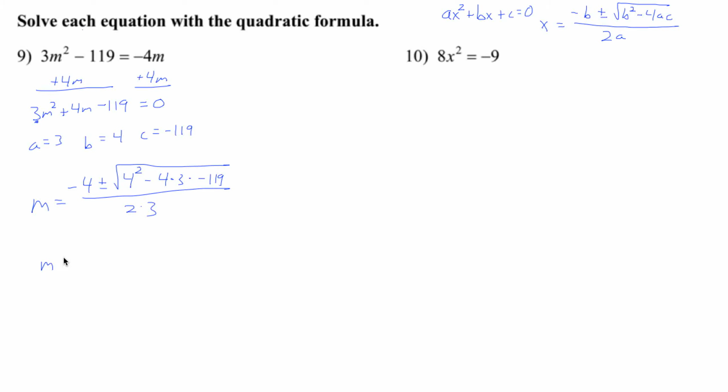And so we get m equals negative 4 plus or minus the square root of 16. So we square this first. And now we have 4 times 3 times negative 119. Let's put a parenthesis so it's a little more obvious. And so we have 12 times negative 119. So we have our negative sign, and then we multiply 12 times 119, and we get negative 1,428.